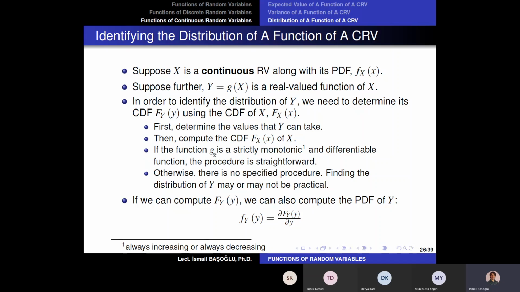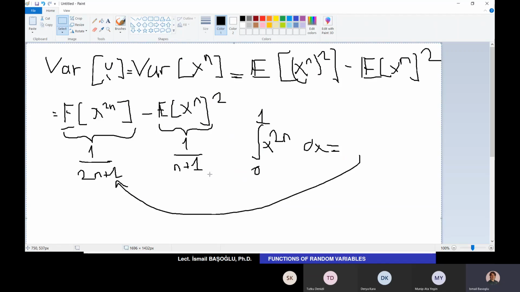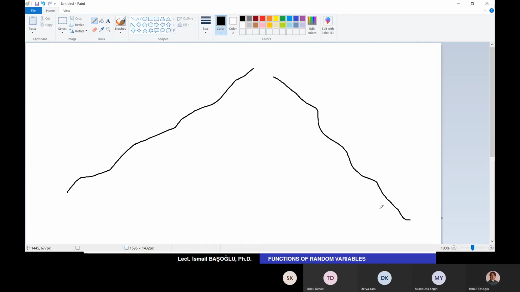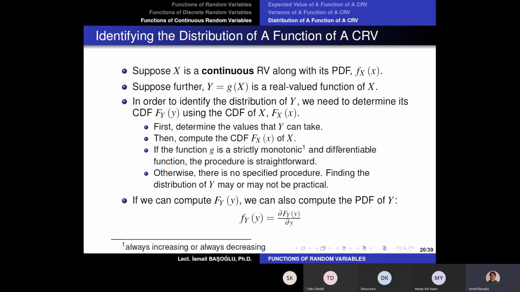But we know that if the transformation g is strictly monotonic, so what does that mean, strictly monotonic? If g is a function which always increases or which always decreases, so strictly increasing or strictly decreasing, and it should be differentiable as well, so we should be able to calculate its first derivative, in that case we can easily identify the distribution of y, the CDF of it and the PDF of it.